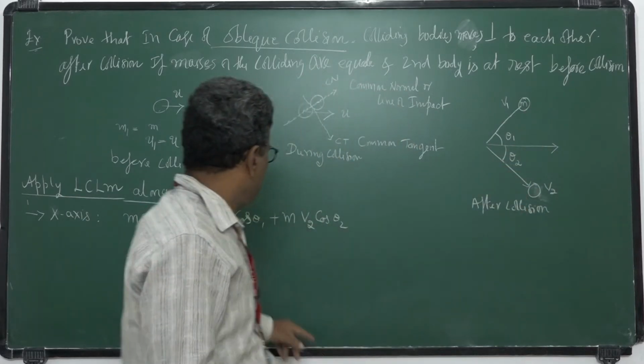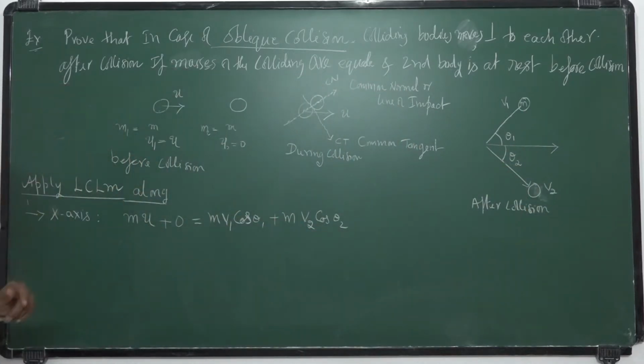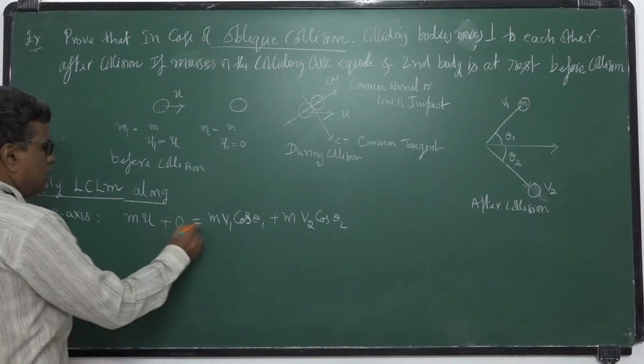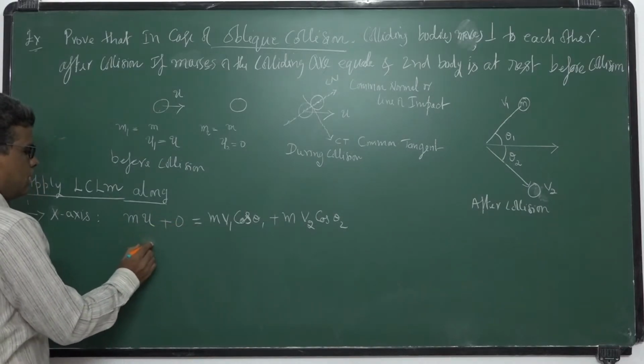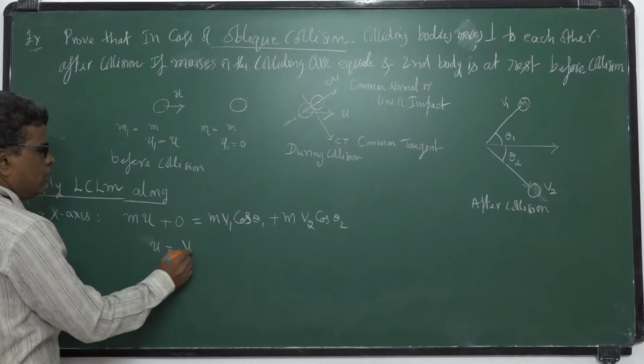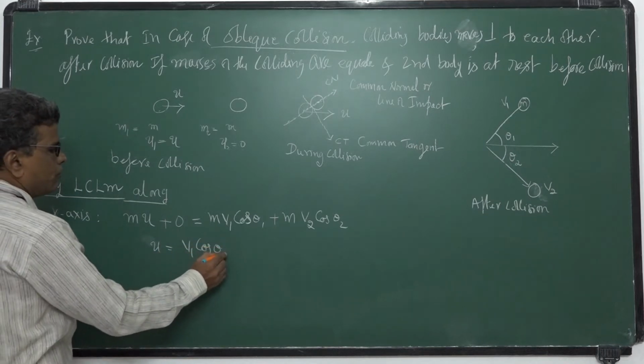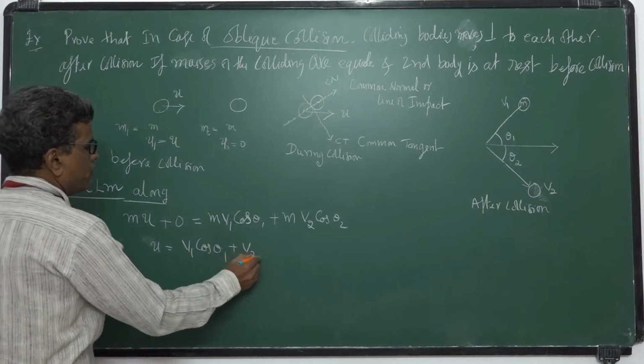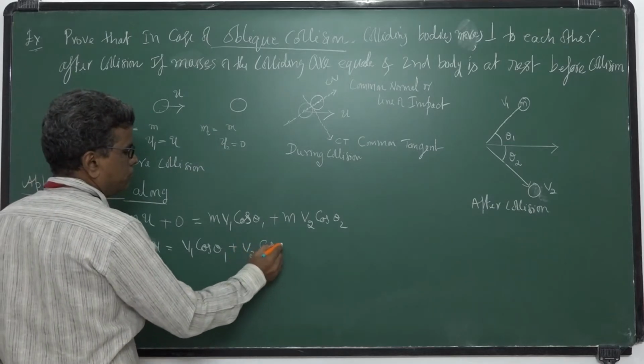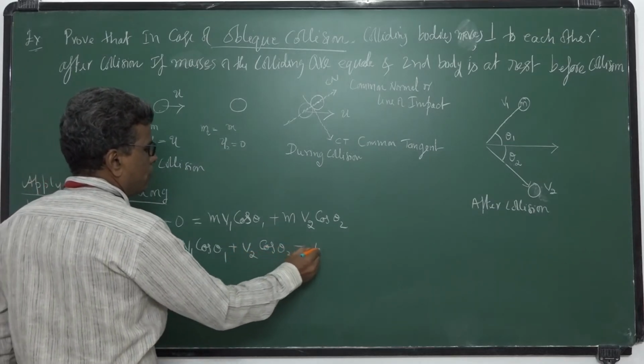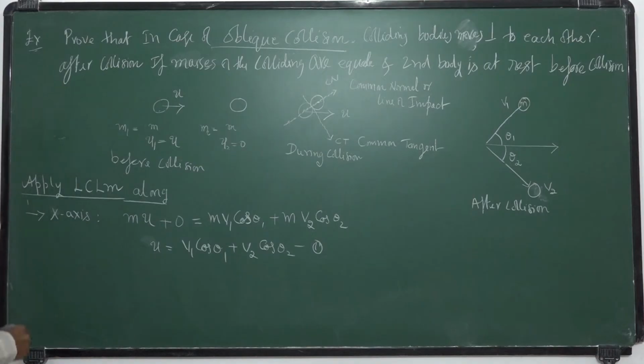So m cancels, and you get u is equal to v1 cos theta 1 plus v2 cos theta 2. Call it equation 1.